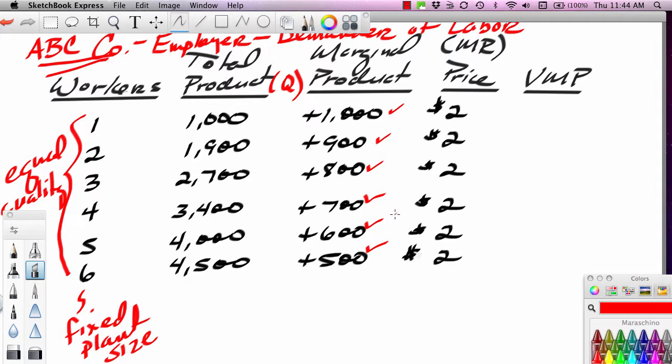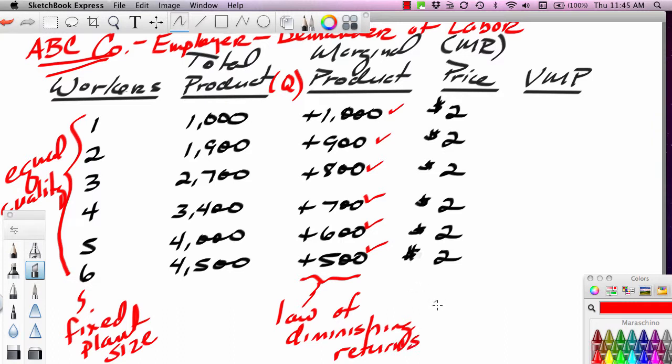What we're assuming is the plant size is fixed, which means the room is getting crowded, and each additional worker is adding less and less output to the total product. And if you remember, this is called the law of diminishing returns.